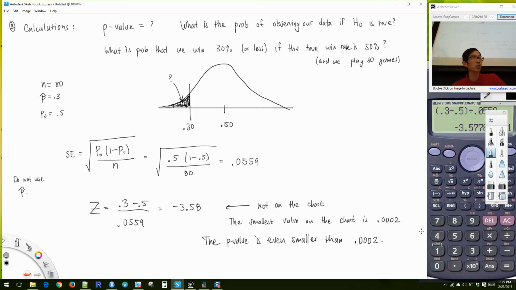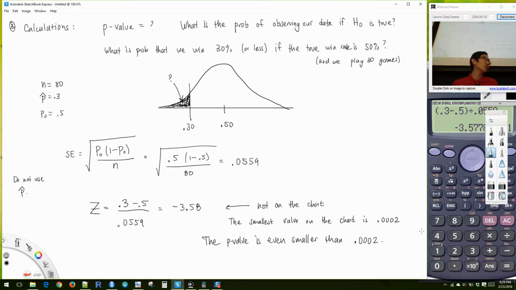Okay, so that's like 2 in 10,000. It is possible for someone to play 80 games and win only 30% of the time by bad luck. It's possible. But they would have to have very, very bad luck because it happens less than 2 in 10,000 times.